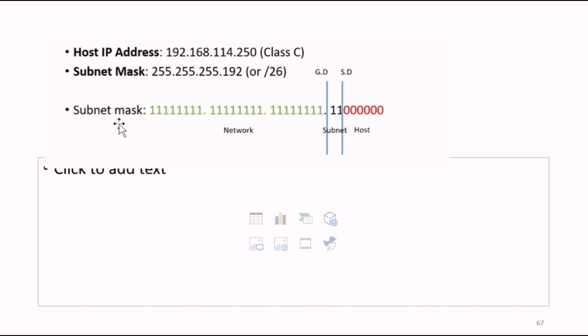From this subnet mask in binary, we can easily find the total number of subnets and also the total hosts per subnet.